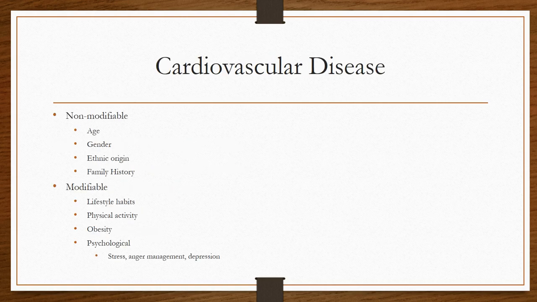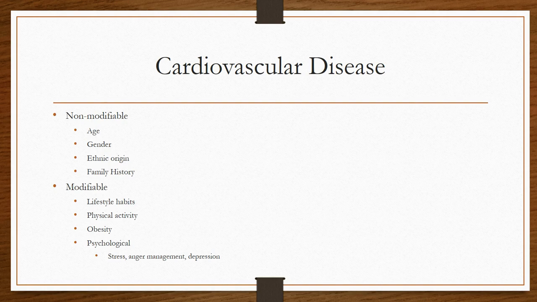Cardiovascular disease: its non-modifiable qualities are age, gender, ethnic origin, and family history. You're born with these things, and based on your genetic makeup, these are things you cannot change. Modifiable things you can actually change, and what you should be teaching your patient is to change their lifestyle habits, become more physically active, lose some weight.